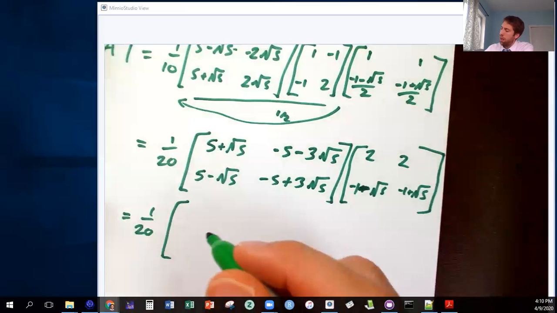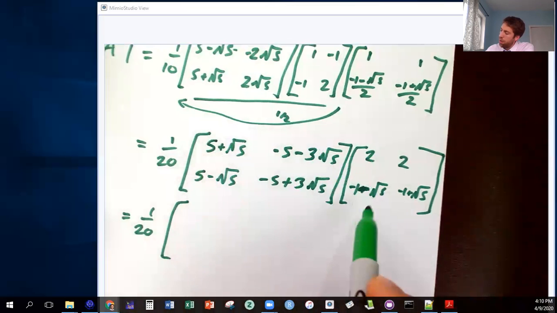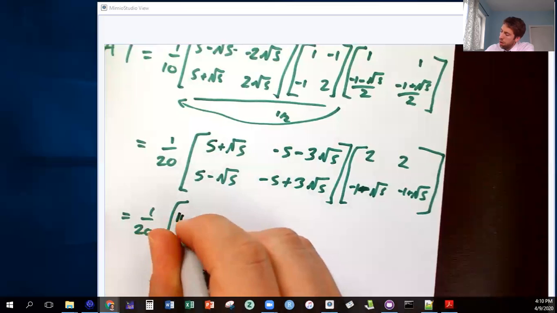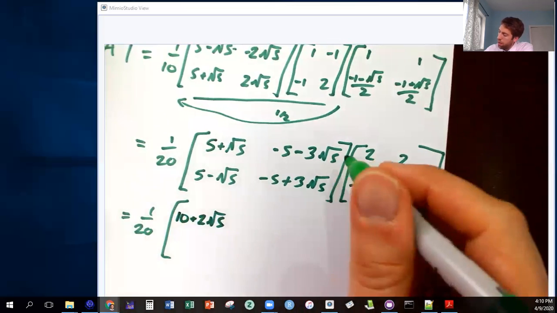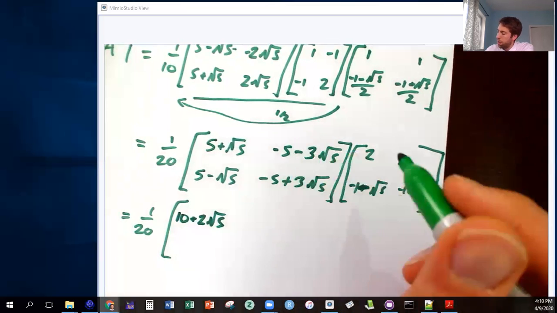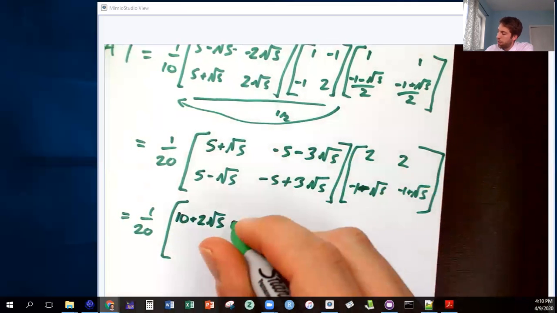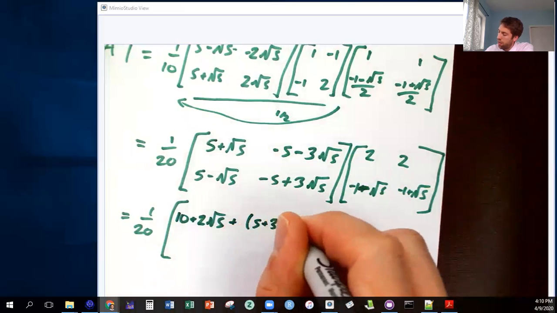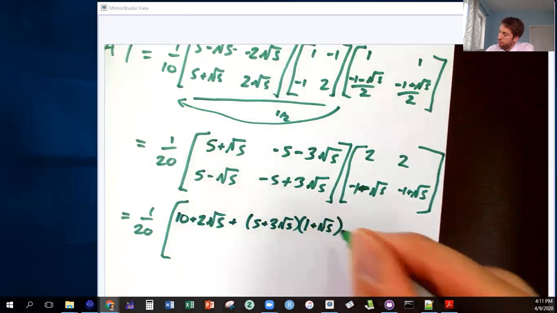So now I've got 2 times this guy plus these two guys multiplied together. So 10 plus 2 square roots of 5. And these are both negative, so I'll just factor the negative out of this one and the negative out of that one. So then plus 5 plus 3 square root of 5 times 1 plus square root of 5.